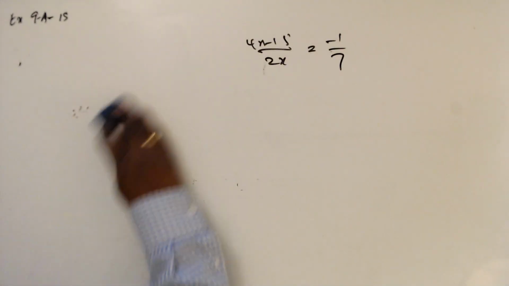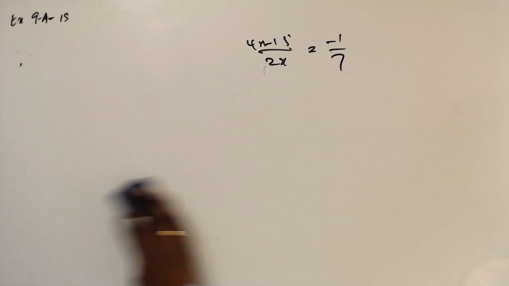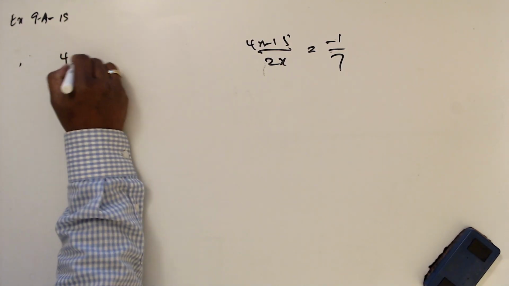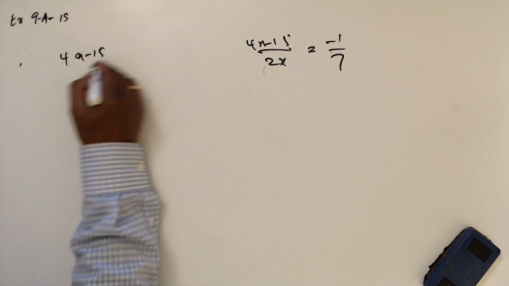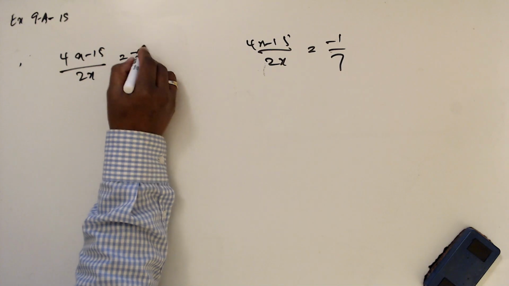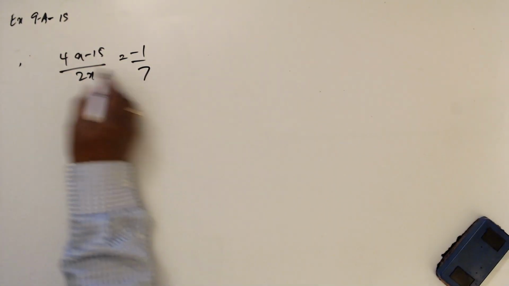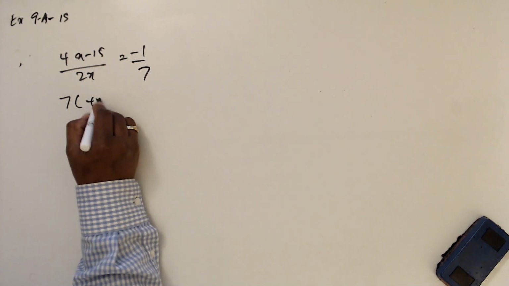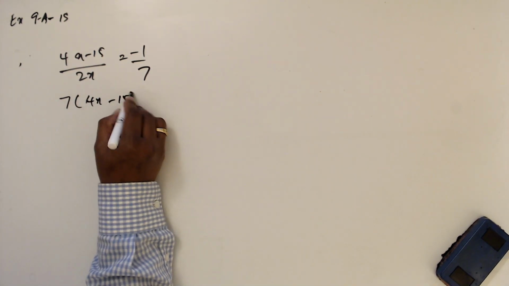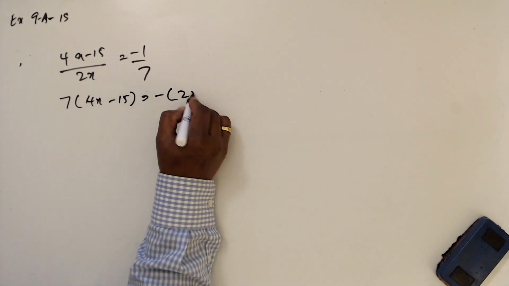Now we can simplify this one. So I'll write 7 times (4x minus 15) equal minus 1 times 2x.